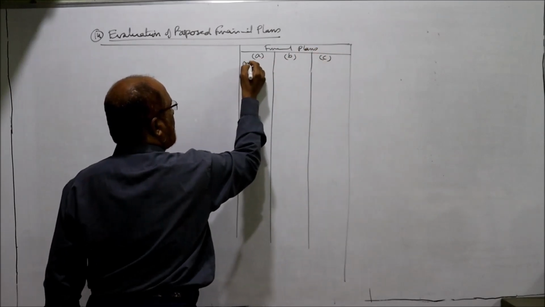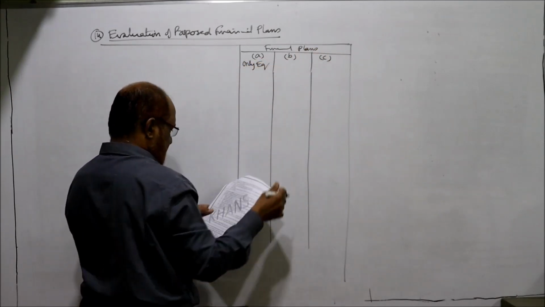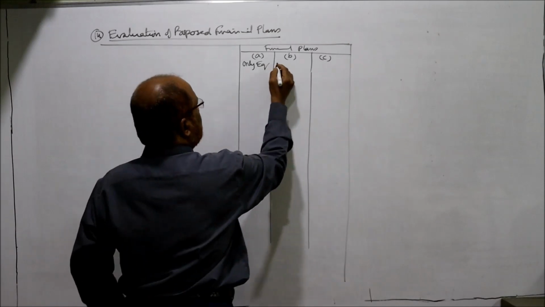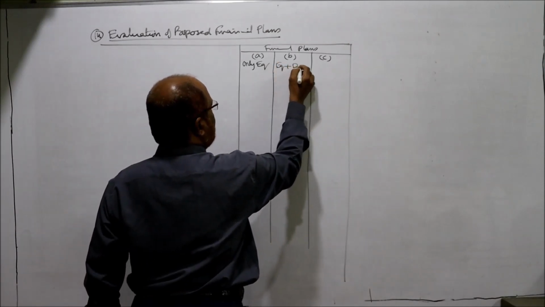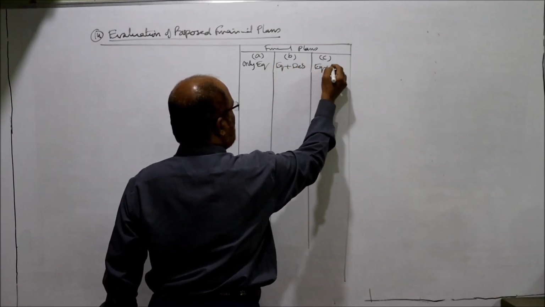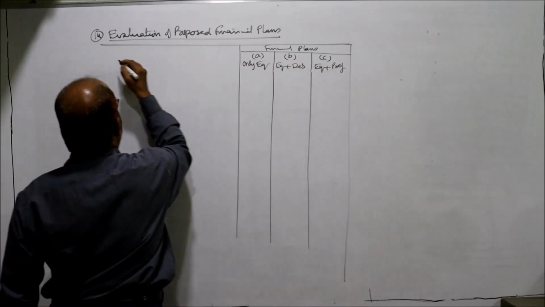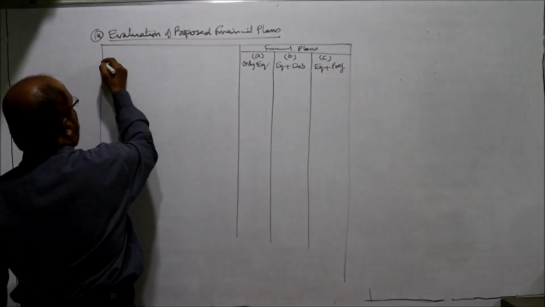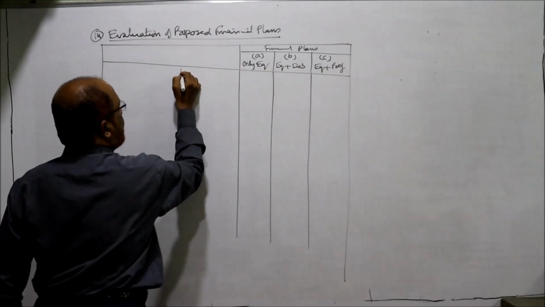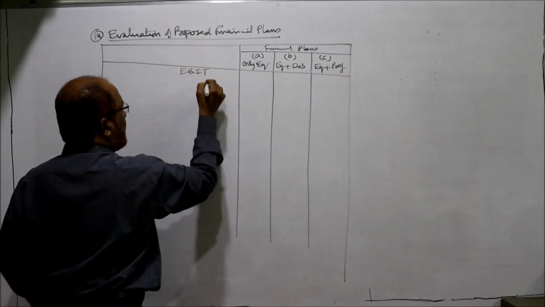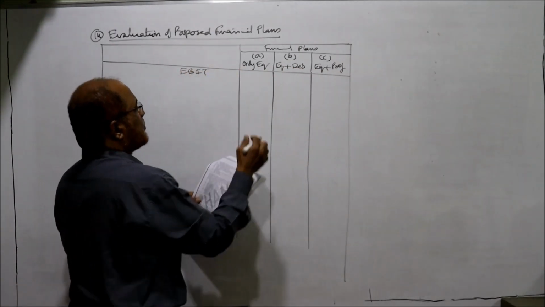First plan we have only equity. Second plan we have equity plus debenture. Third plan we have equity plus preference. EBIT. The EBIT is rupees 1 lakh.